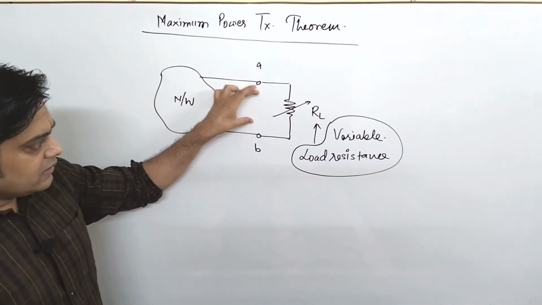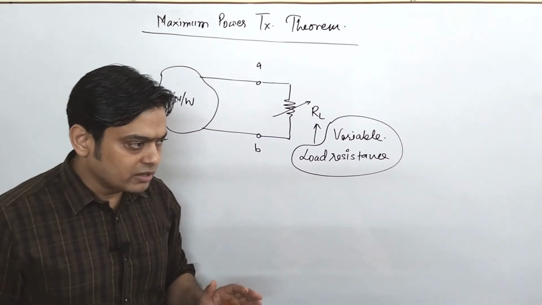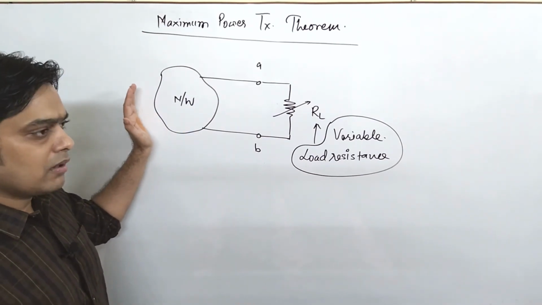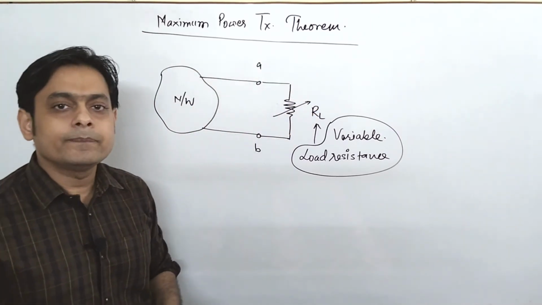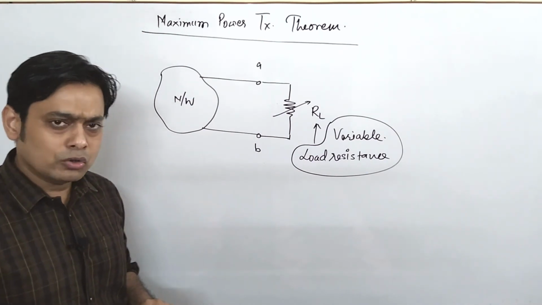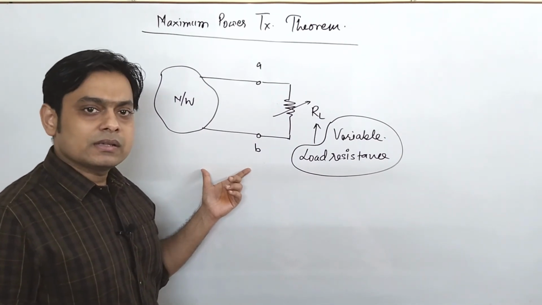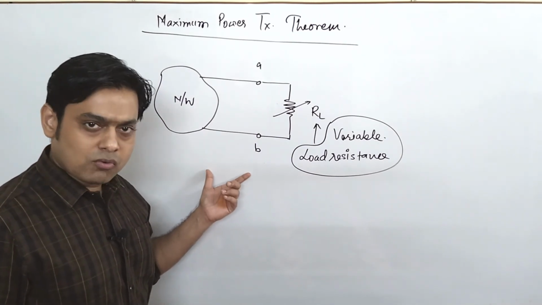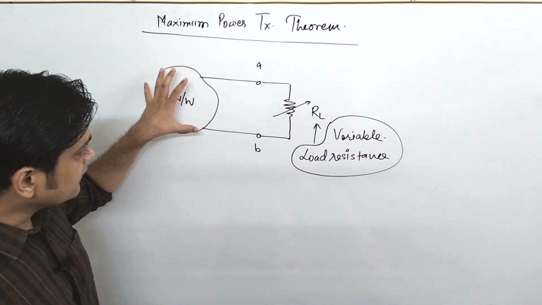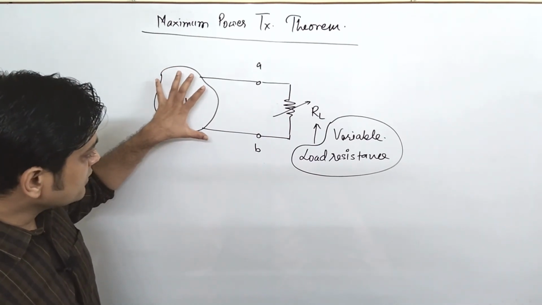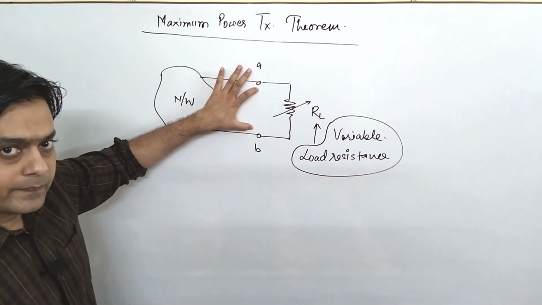There are conditions in a network in which sometimes there is a requirement of transfer of maximum power from this network to the load which is further connected at its terminal. Once again I am repeating, certain conditions arise, or it is required, in which maximum power transfer is needed from a certain network to the load connected to its terminal.